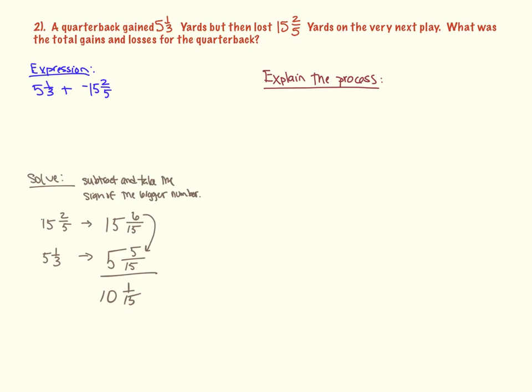In order to explain the process, I was going to say type it out, but I won't be able to type out the fractions. So we are going to say that the quarterback had a total of 10 1/15 of gains and losses.